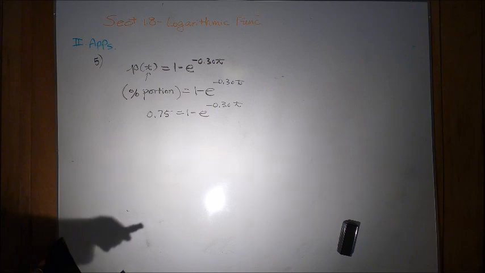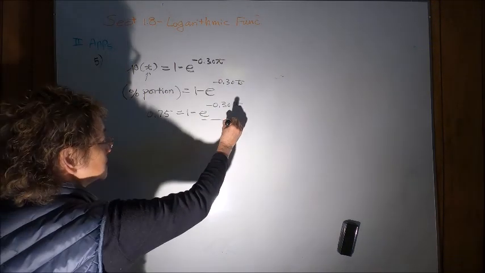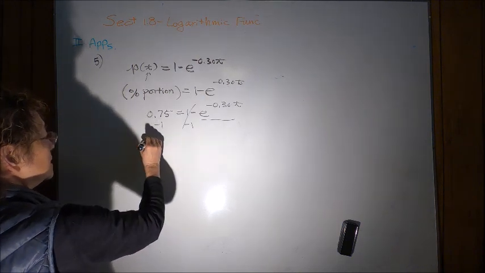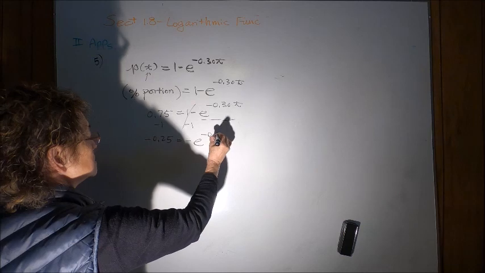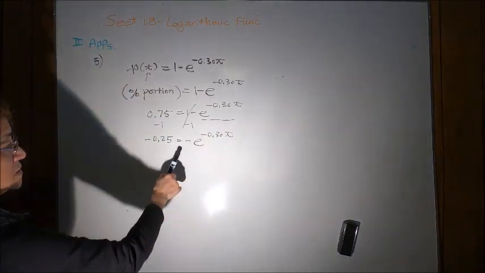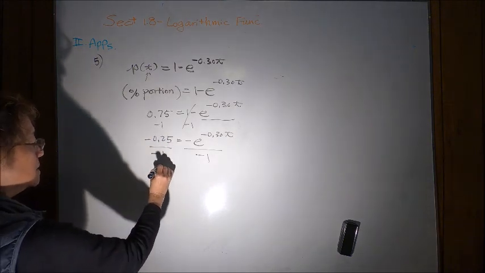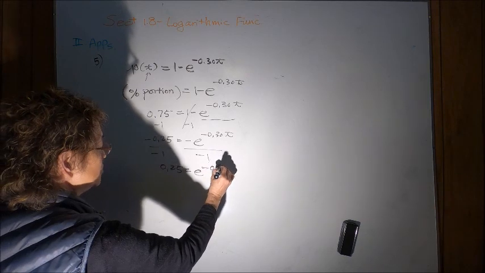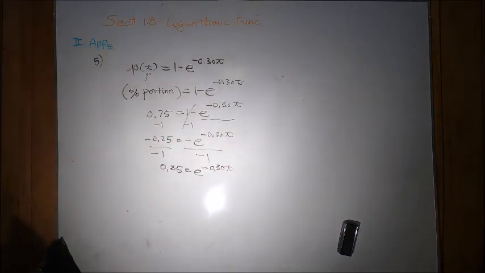What kind of equation do we have? An exponential equation. How do we solve it? Get the exponential thing by itself first. So we have negative 0.25 equals this. We still have a negative, so we divide by negative 1, and we have this. Now we have a simple exponential equation. How do we solve it?